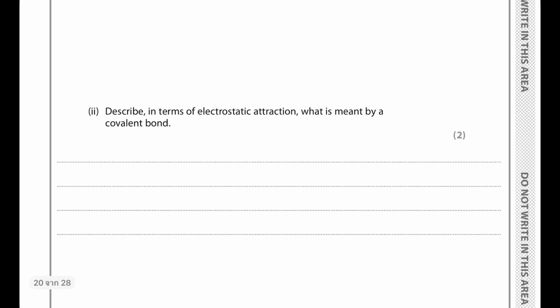Then question II. Describe in terms of electrostatic attractions what is meant by a covalent bond.